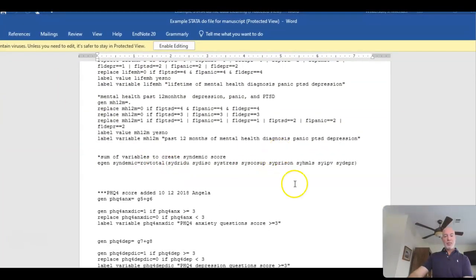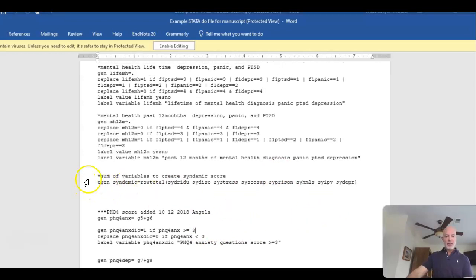The next thing I want to do is pull in this one. This is an example from the manuscript, and really what I'm honing in on is to show you how we create a scale. Most of the time we use sum scores to create a scale. You can see here we were using the egen command again. So we generated a variable called syndemic. We were creating a syndemic score, and we used the rowtotal command to create this score.